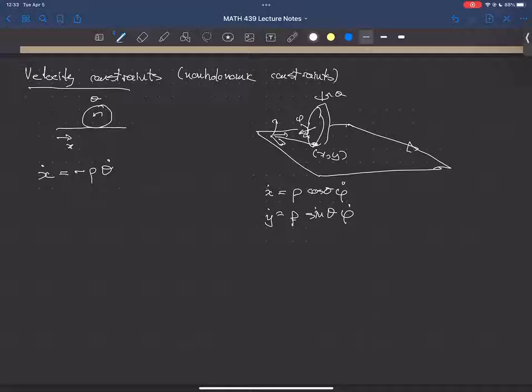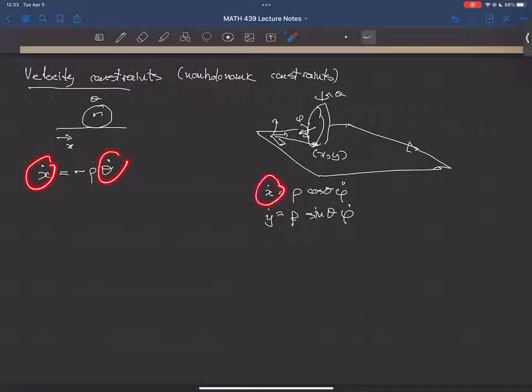So we want to think a little bit more generally now about this. The point is that in each case, this defines, on the set of velocities at each configuration, a set of constraints that the velocities must satisfy, and in each case, the constraints are linear in velocity, right?